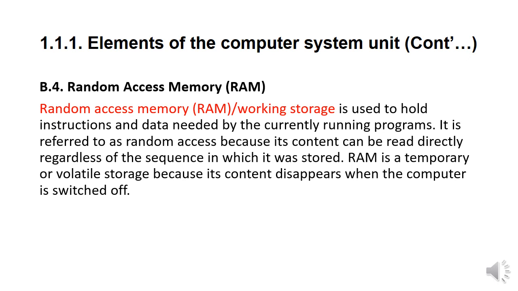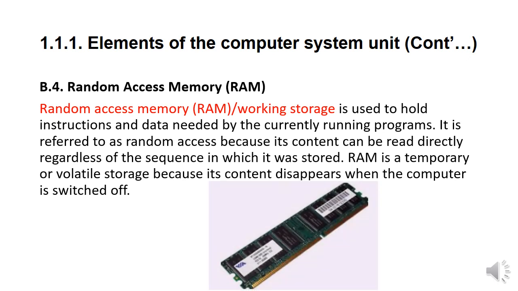That is why it is a good habit to save each modification while you are using a desktop computer. This is because RAM is a volatile memory. It means that its content is lost when the computer is switched off. This picture shows a random access memory.